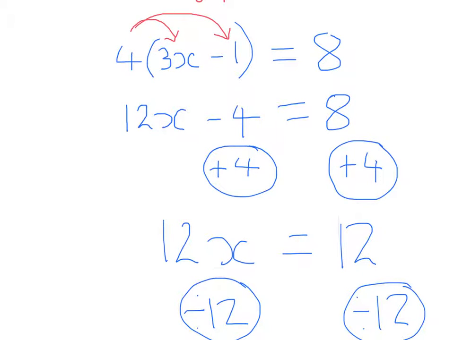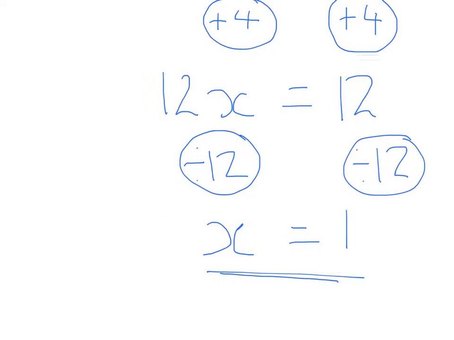And remember what we're doing in terms of communicating what we're doing to both sides, we spot what's happening in the equation and we do the opposite. So we were subtracting 4, so we add 4. That gets rid of it. What's happening here is that 12 is multiplied by x, so we divide by 12 to reduce it to just a single x, and that should leave us with our value.